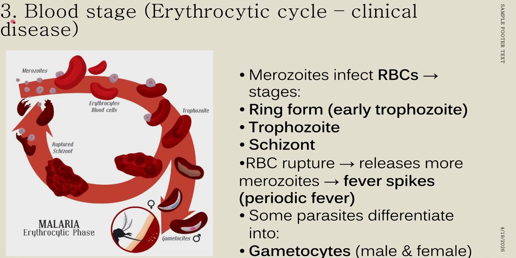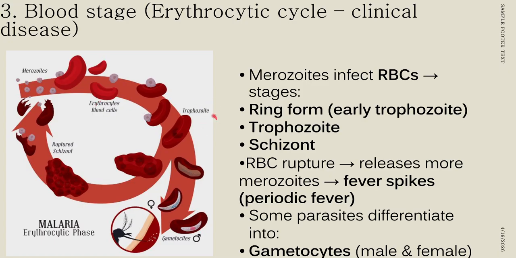The next stage, or the third stage of the malaria life cycle, is the blood stage or the erythrocytic cycle. This is the stage where the clinical disease presentation occurs. The merozoites released from the rupture of schizonts in the liver, the hepatocytes, go into the bloodstream. These merozoites infect the red blood cells, and in the red blood cells they form the ring form or the early trophozoite form.